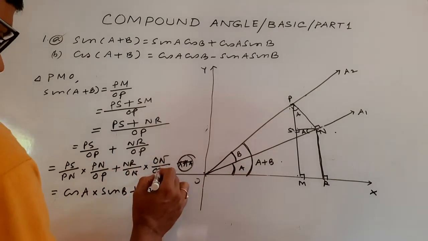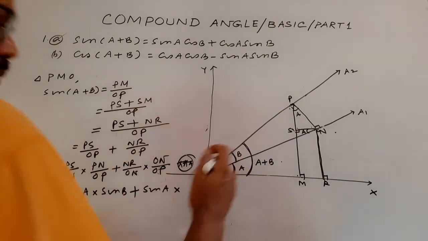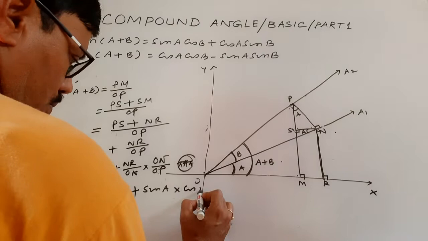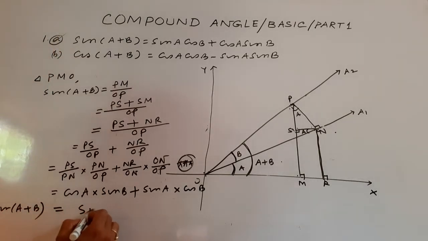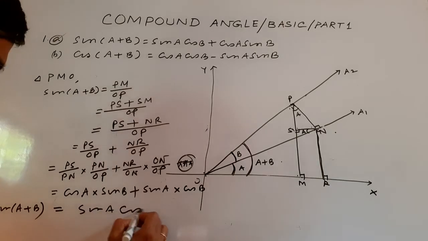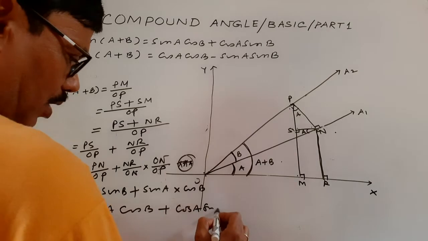ON by OP, this is cos B. So you are getting sin(A+B). Sin(A+B) equals, you write at first, sin A cos B plus cos A sin B.